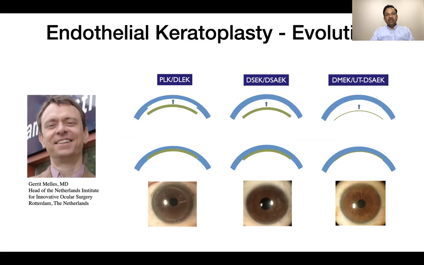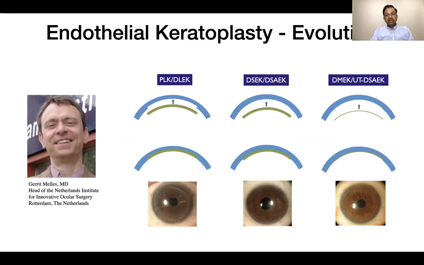The evolution of endothelial keratoplasty began with the description of posterior lamellar keratoplasty or deep lamellar endothelial keratoplasty. Gerrit Melles from the Netherlands played an important role in popularizing this surgical technique.